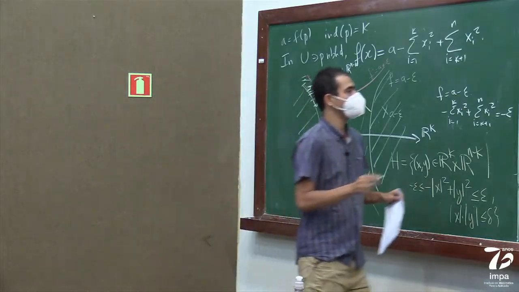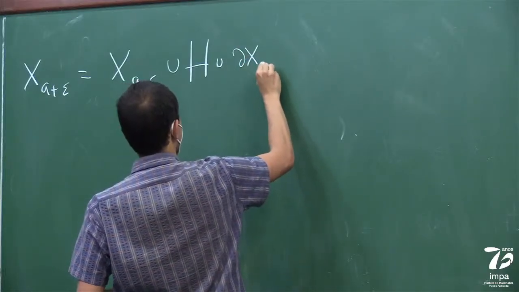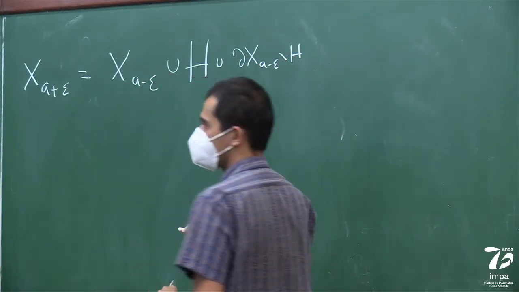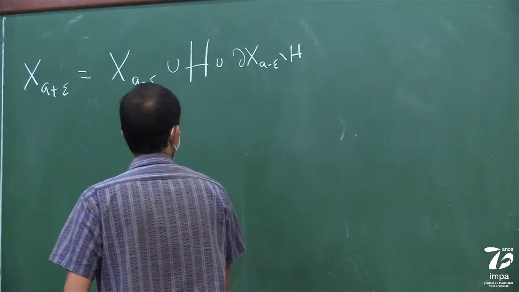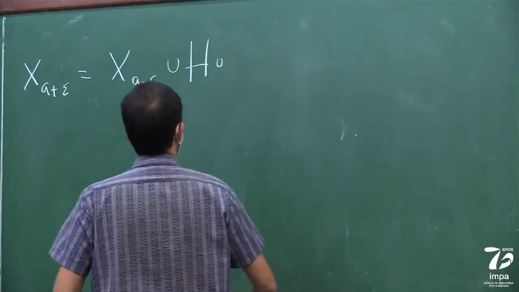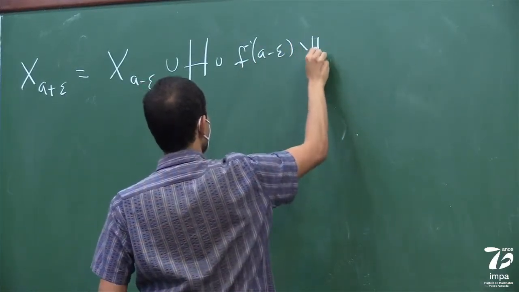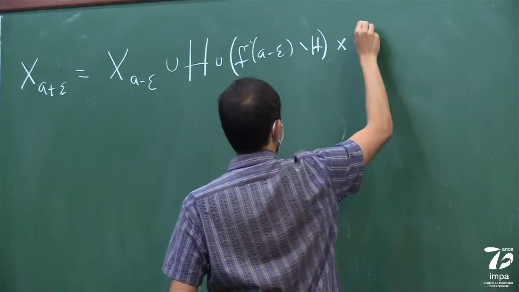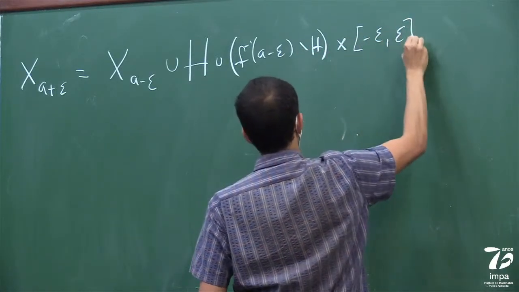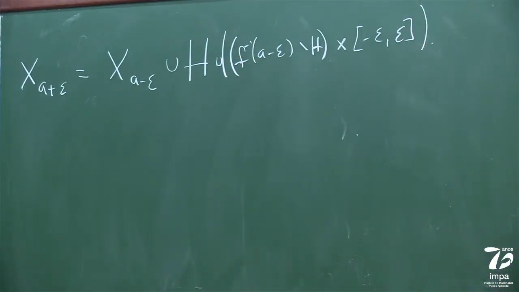So you look at the boundary of X_{a-ε} minus H. Or I guess you can just say, f inverse of a-ε minus H, and you remove everything that touches H, and you multiply by the interval [-ε, ε]. So some kind of trivial thing.